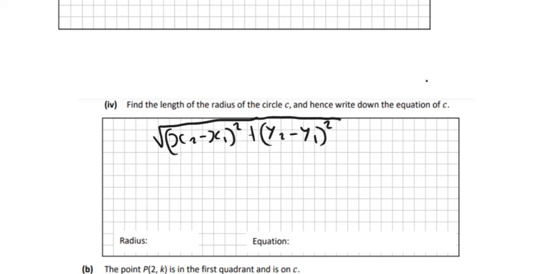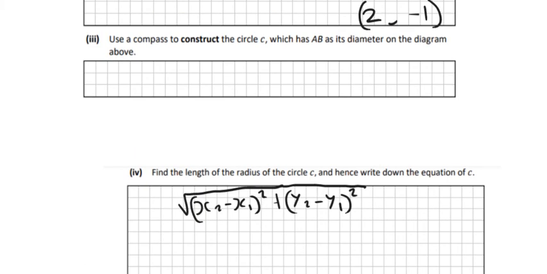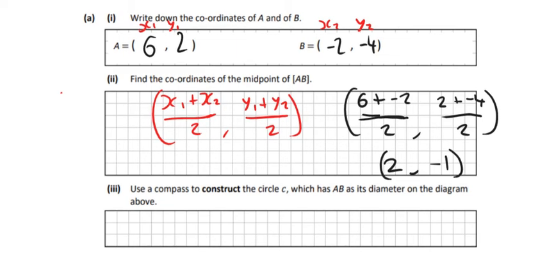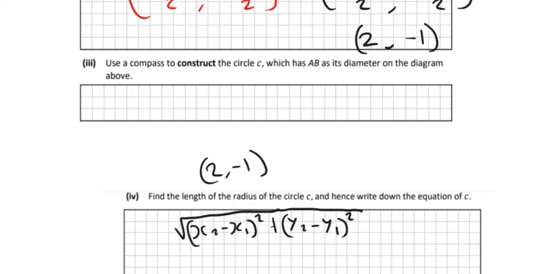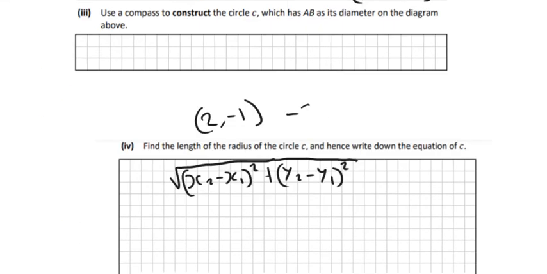So 2, -1 and -2, -4. It doesn't matter if you switch around. If you put the -2, -4 first, you'll get the same answer. So that's x1, y1, x2, y2.